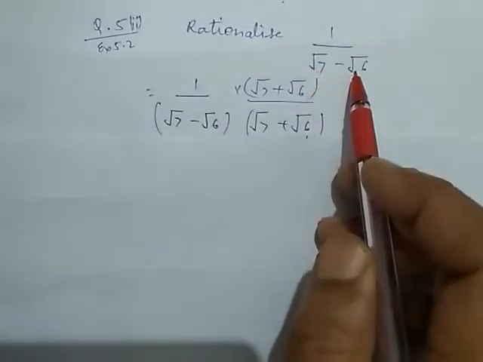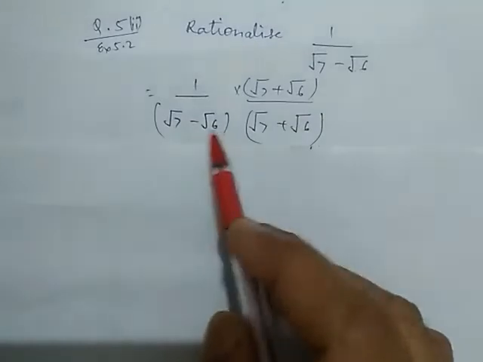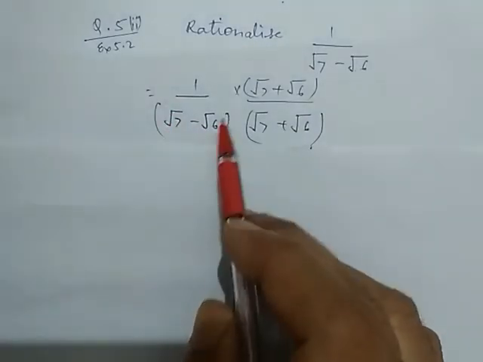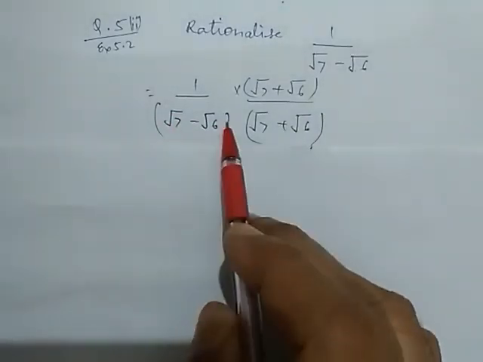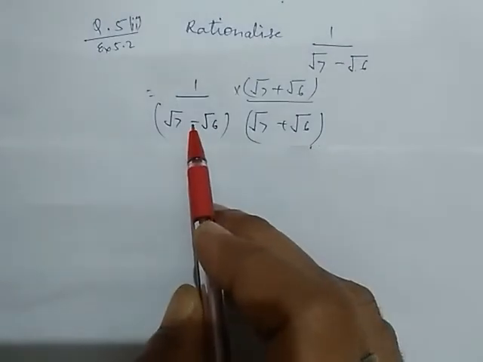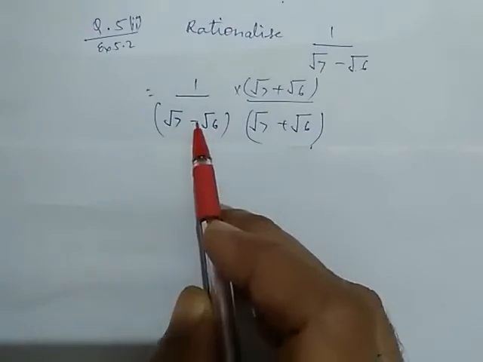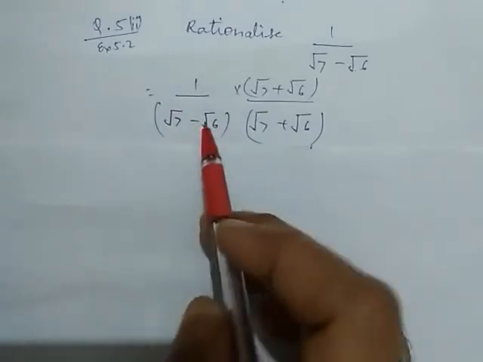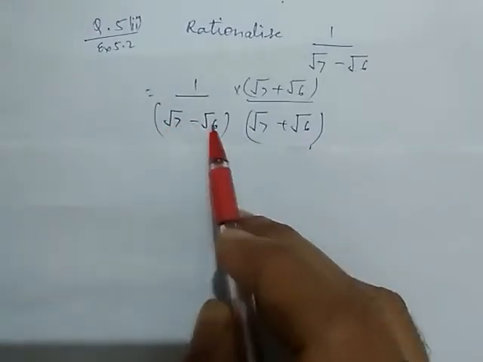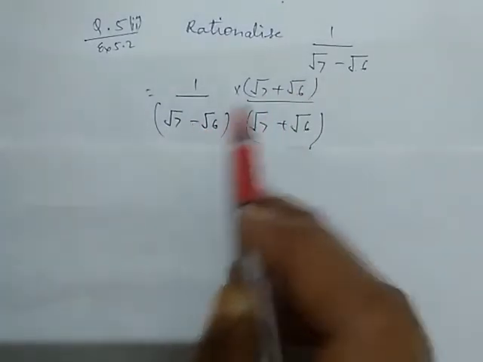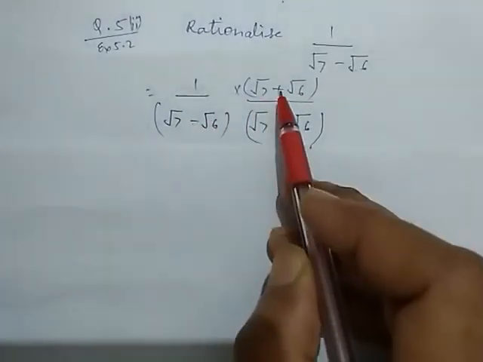To rationalize this, we have to multiply this with the conjugate of this. Conjugate means here we have a negative sign, so we multiply by the term having a positive sign. Here both the numbers are the same, but the sign is changed. Only this sign is changed.